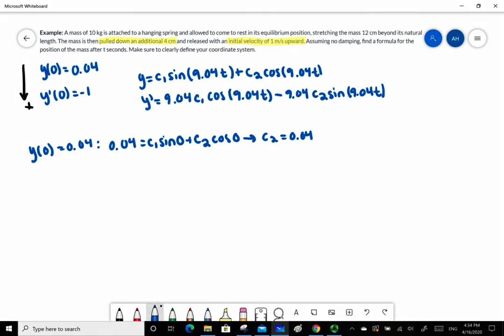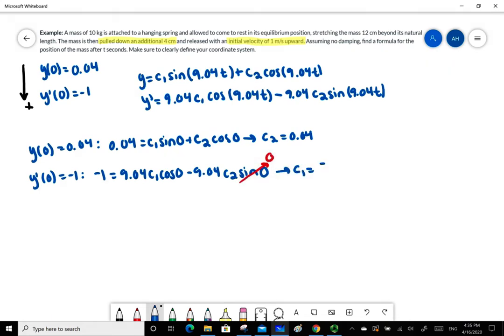term. Applying the initial condition on velocity, we get that -1 equals 9.04c1 cosine of 0 minus 9.04c2 sine of 0. So c1 equals -1 over 9.04, which is approximately -0.11.